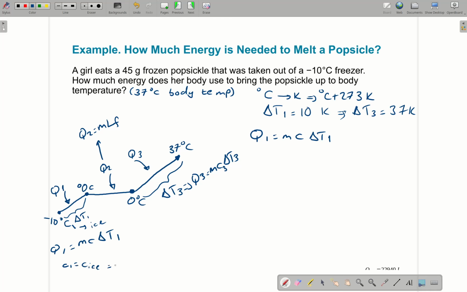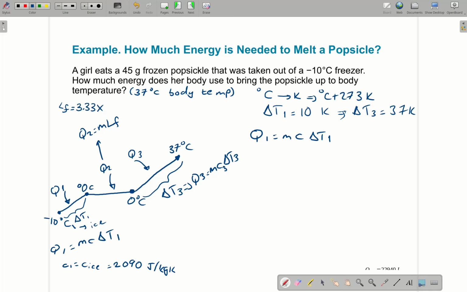And that's 2090 joule per kilogram Kelvin. And here I have latent heat of fusion for ice melting, and it should be 3.33 times 10 to the 5 joule per kilogram.